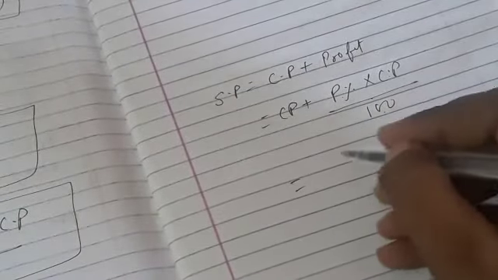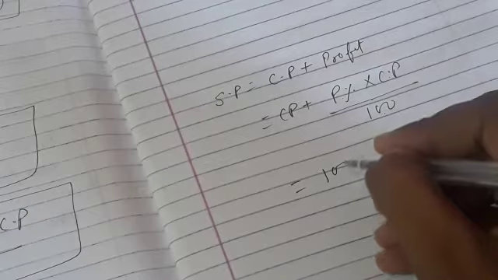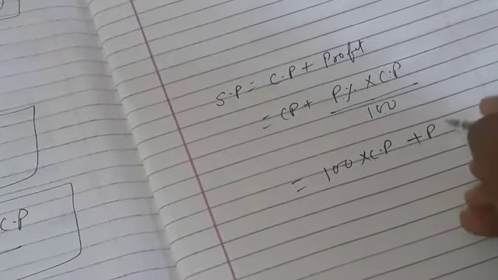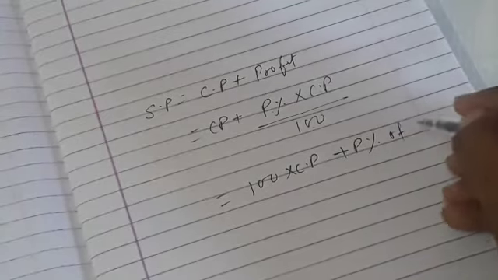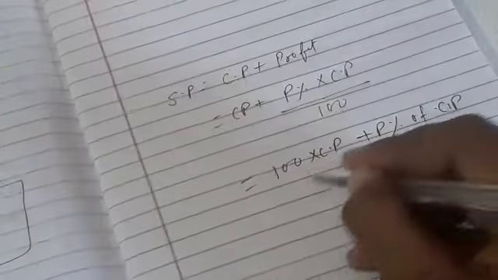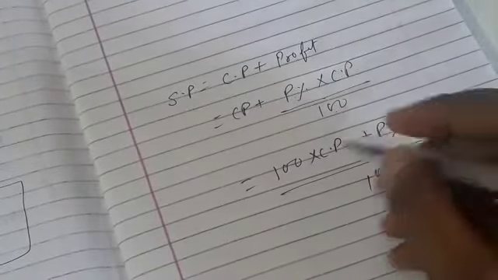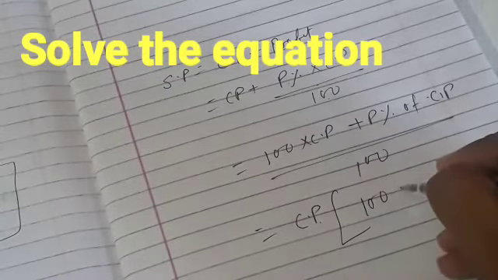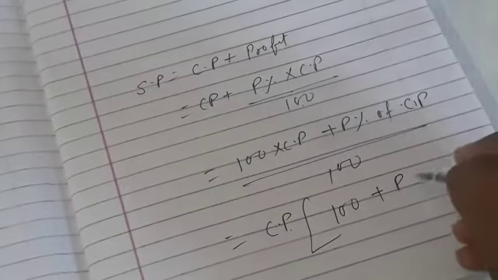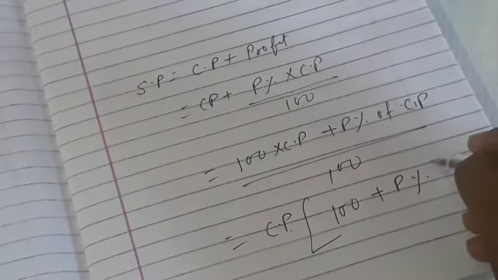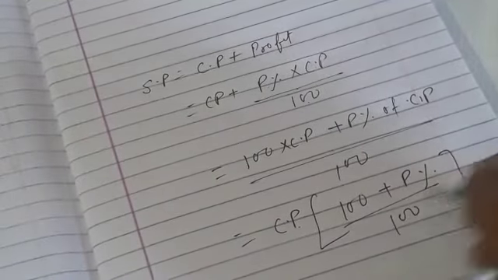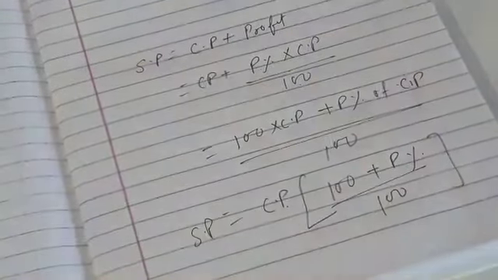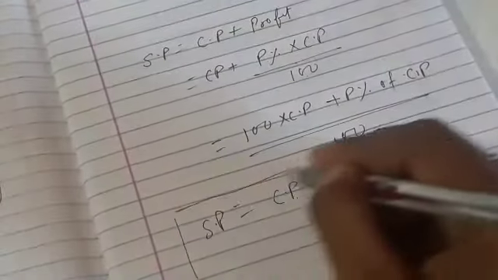So class, now the meaning is CP plus profit percentage of CP upon 100, and if I take CP outside, the meaning is CP into 100 plus profit percentage upon 100. So class, this is a very important formula to find SP.